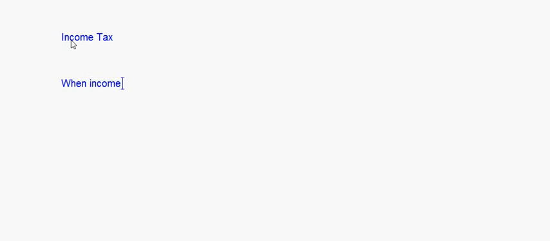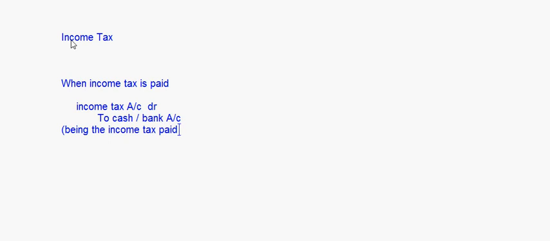When income tax is paid, at that point of time we write income tax account, which is an expense for us, debit to cash or bank account. This is being the income tax paid, right?